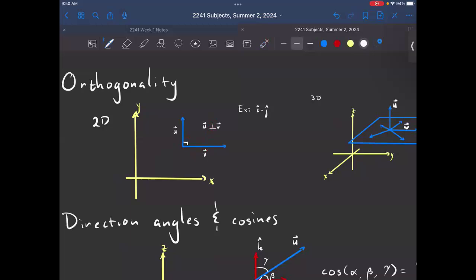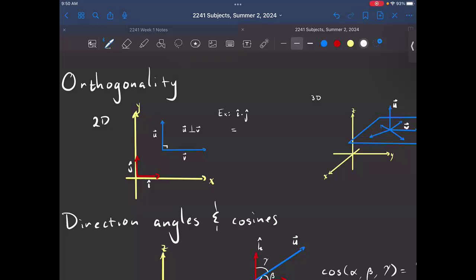Now, why does the dot product being 0 mean that they're orthogonal? Well, if I move this over a little bit and we do this example right here, you know that i and j are orthogonal vectors, or hopefully you do. So here's my vector i, and here's my vector j, and I want to take their dot product.